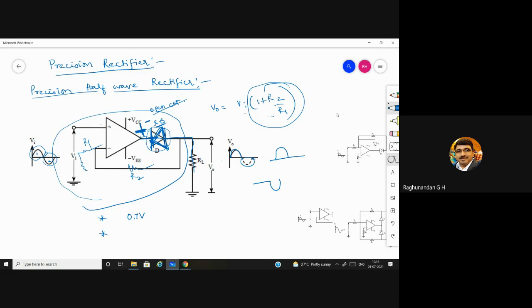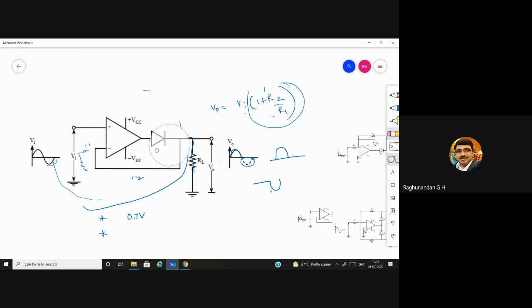So there are two things: saturating and non-saturating half wave rectifier. In non-saturating half wave rectifiers, we will be using one more diode in the feedback part, which we are going to study next. Before that, this is a saturating type half wave rectifier.